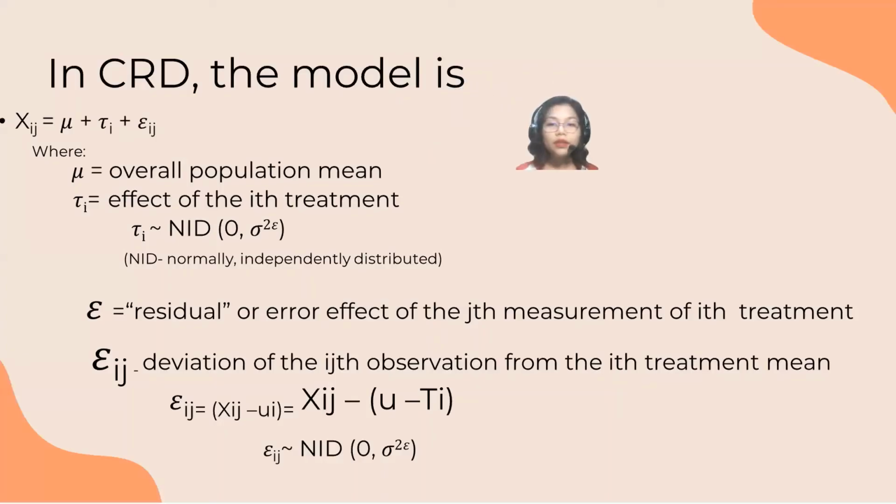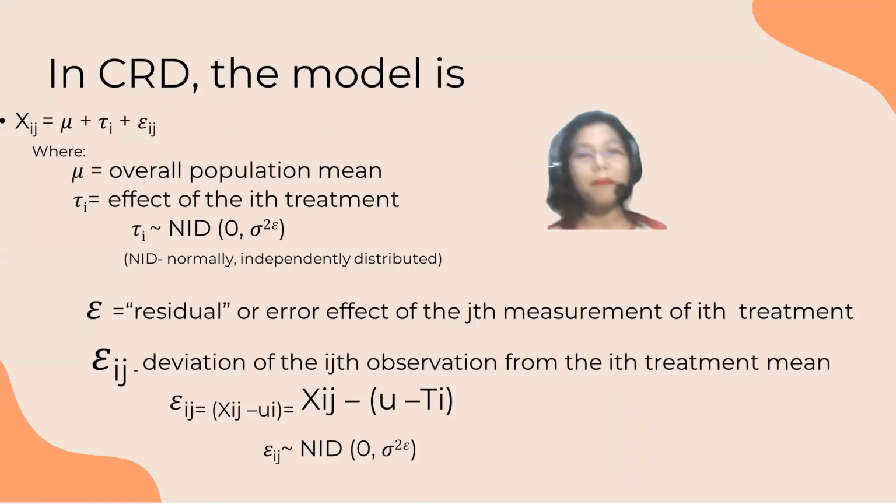So here's the model for CRD. Importante talaga sa class na may mga models. Okay? So Xij is the overall population mean plus the effect of the i-th treatment plus the residual or error effect of the j-th measurement of the i-th treatment. That is the deviation of the ij observation from the i-th treatment mean, our Eij.